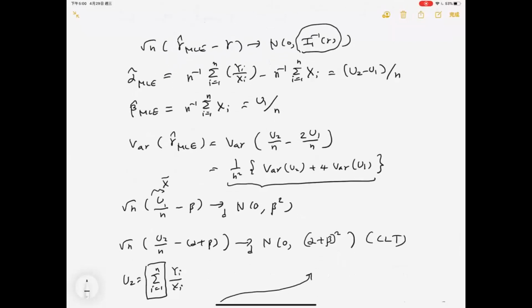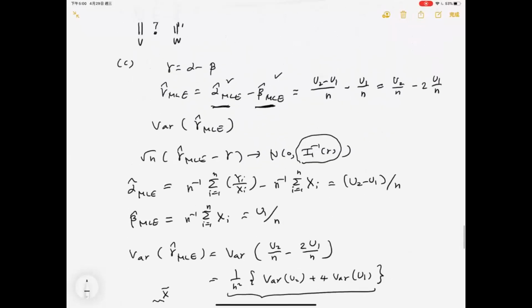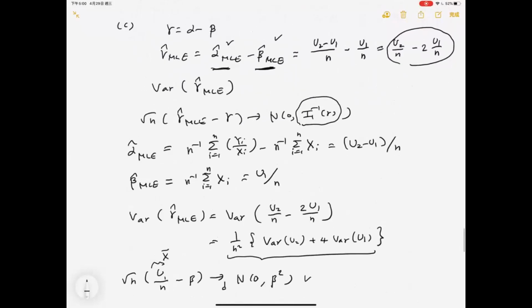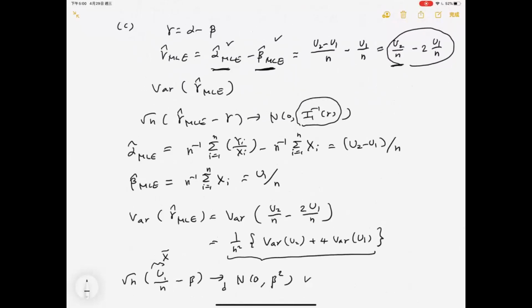Okay, so if not, eventually this guy becomes U2 divided by n minus U1 divided by n. That means from here, you do know this guy's Lyapunov property.